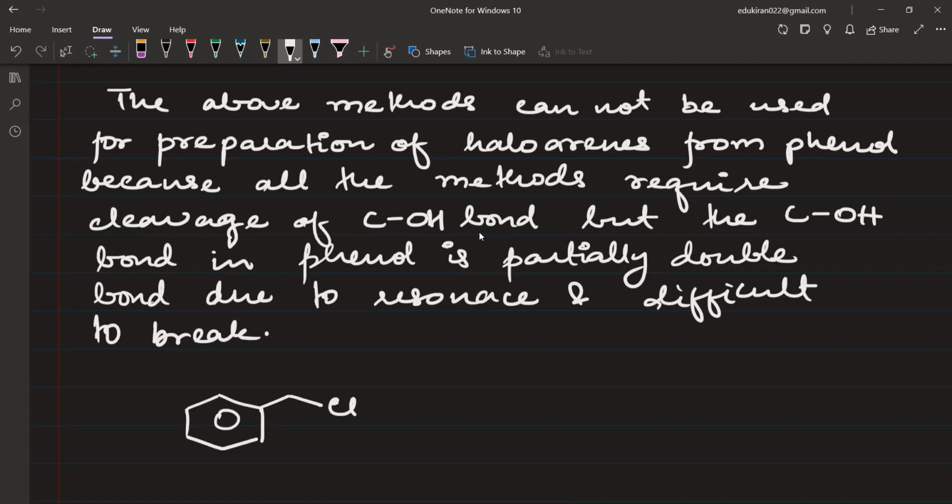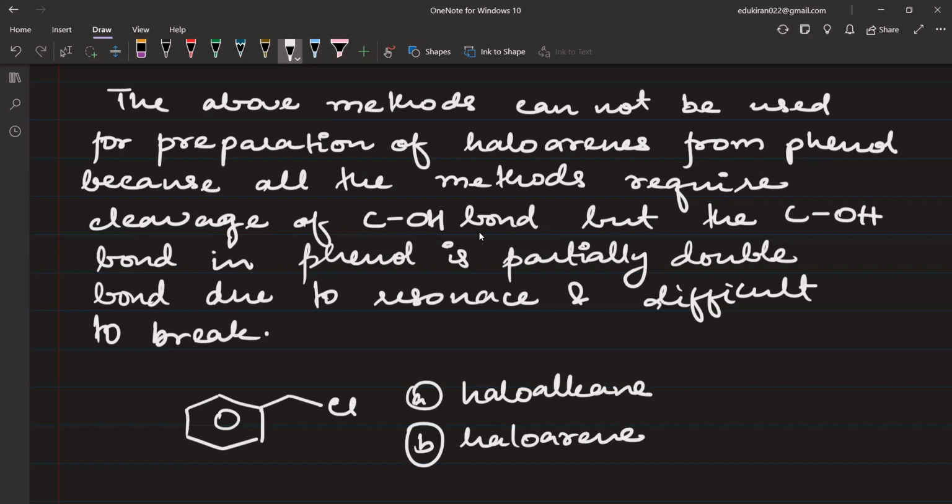Is this haloalkane or haloarene? Please write in chat, A or B.